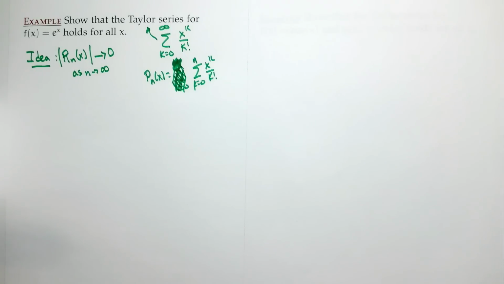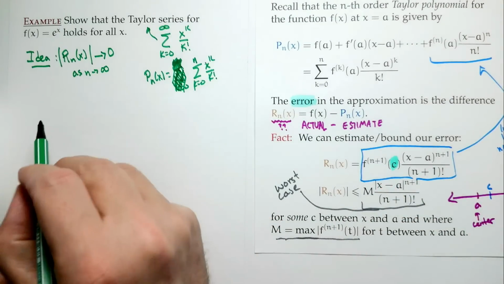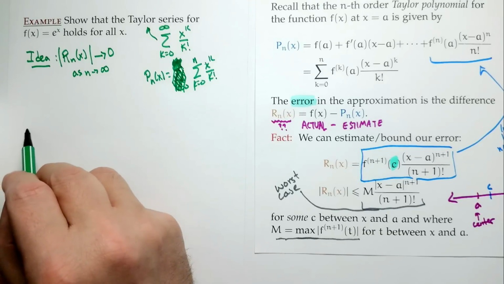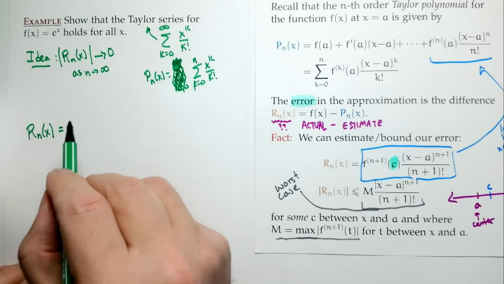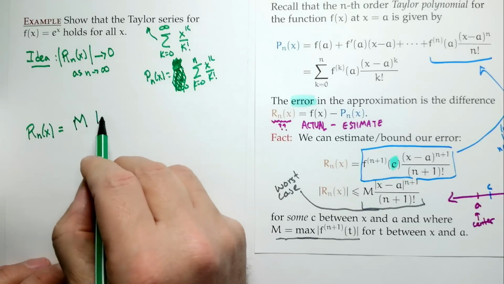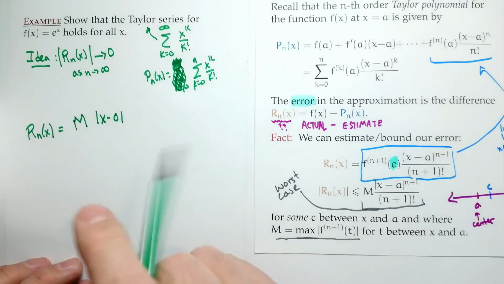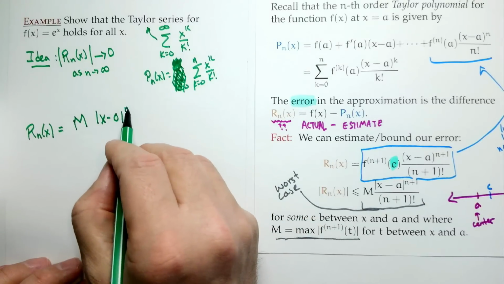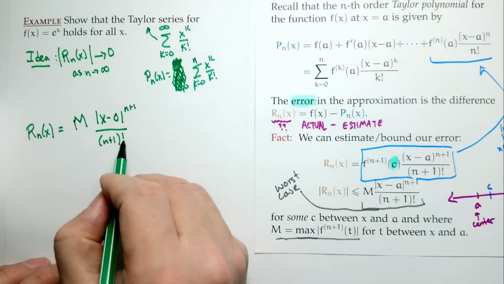So what do we need? Well, we need to recall what our error was. Let's just pull it back up here and refer to our little chart. Our Rn of x is M times the absolute value of x minus 0, in our case, because this is centered at x equals 0, to the power n plus 1, divided by n plus 1 factorial.